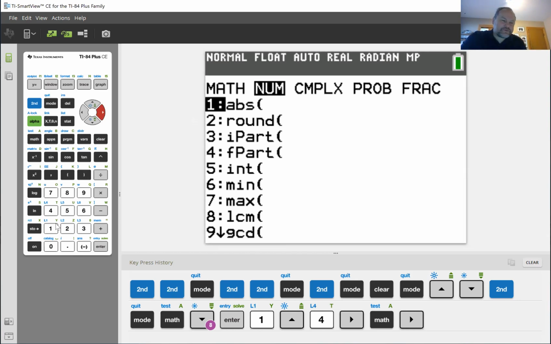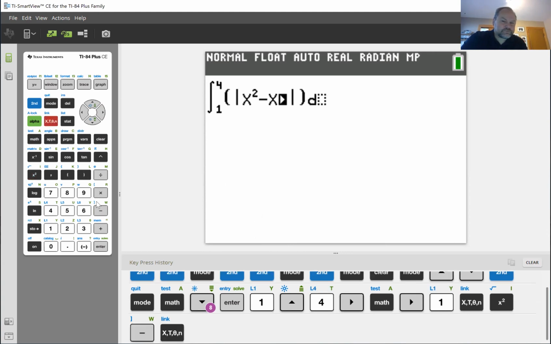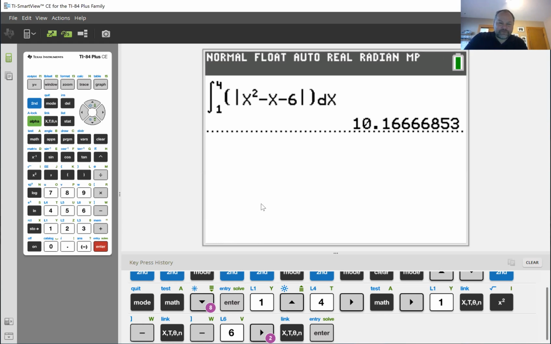So I could do the absolute value of my velocity function. And your calculator will calculate that. Again, don't rely too heavily on your calculator, but knowing these little shortcuts is helpful.